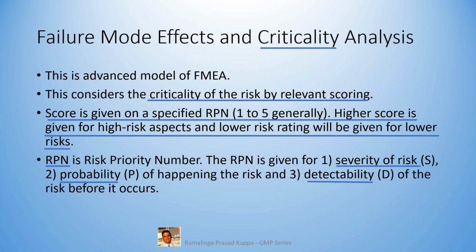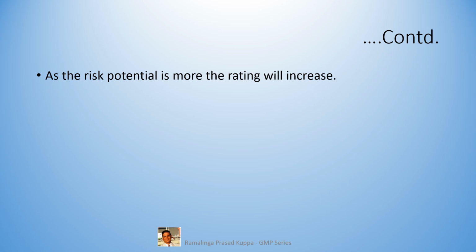So the entire criticality is based on severity, probability and detectability. The formula for risk priority number is S multiplied by P multiplied by D. As the risk potential is more, the rating will be increased.